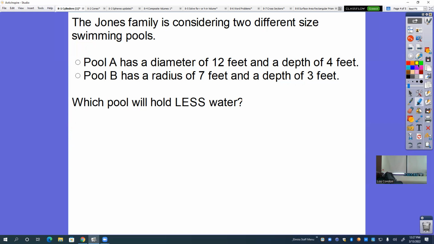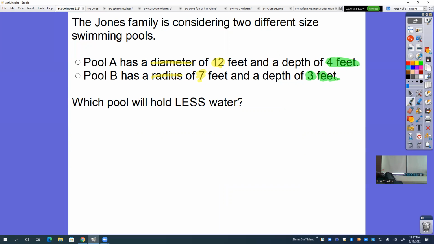Pool A has a diameter of 12 feet and a depth of 4 feet. And pool B has a radius of 7 feet and a depth of 3 feet. Which pool would hold less water?